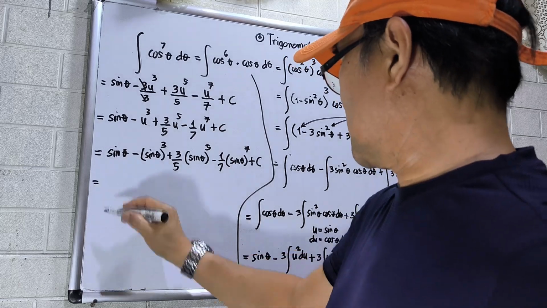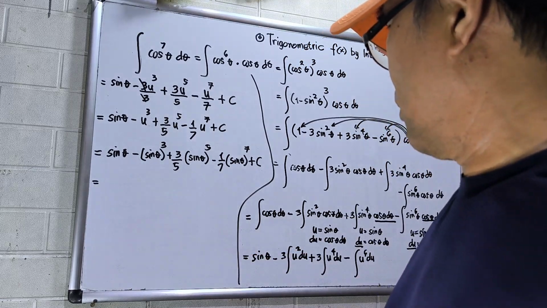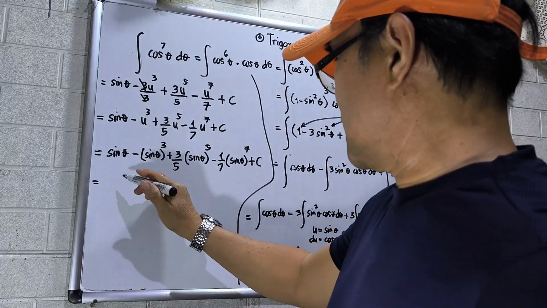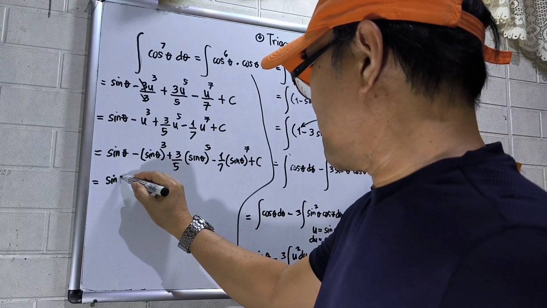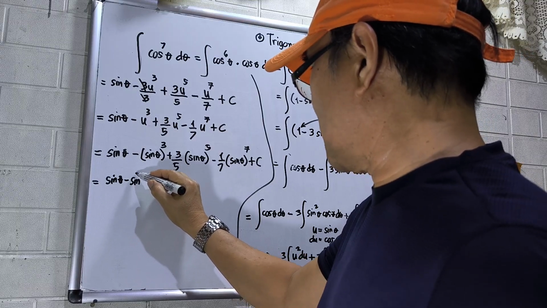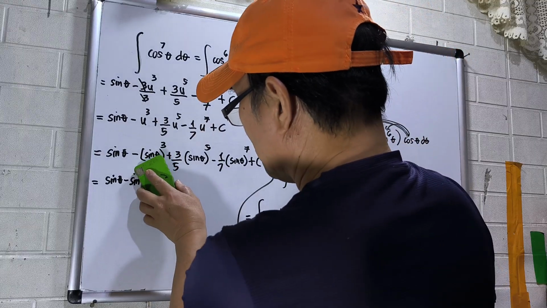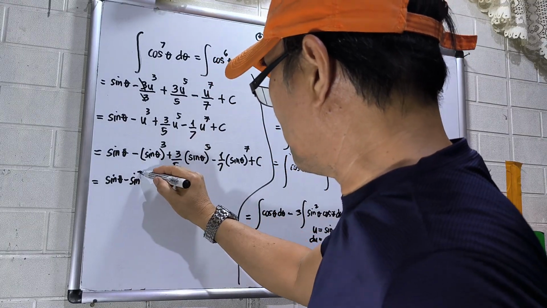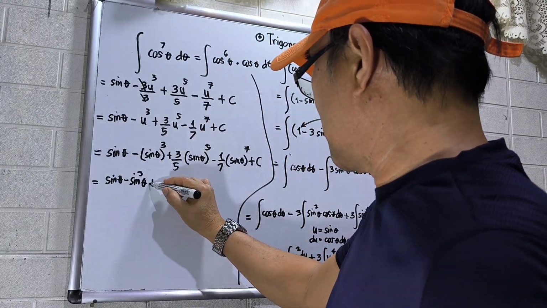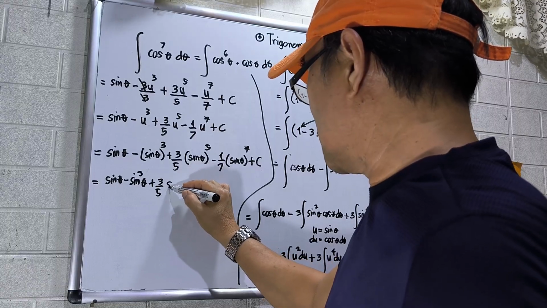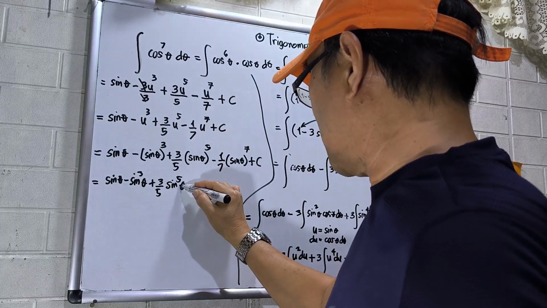So, this will be sine theta. Then this will be sine cube theta. Then plus 3 over 5 sine to the 5th theta.